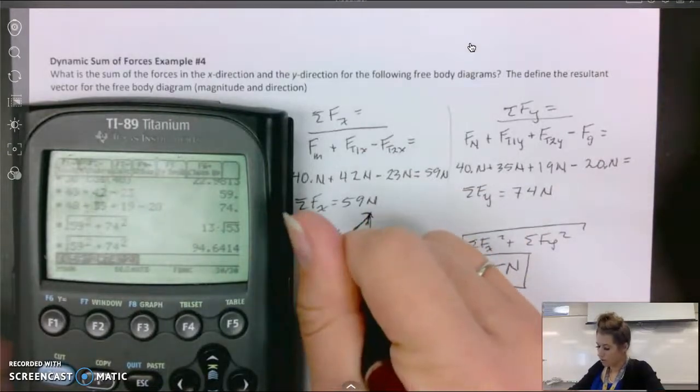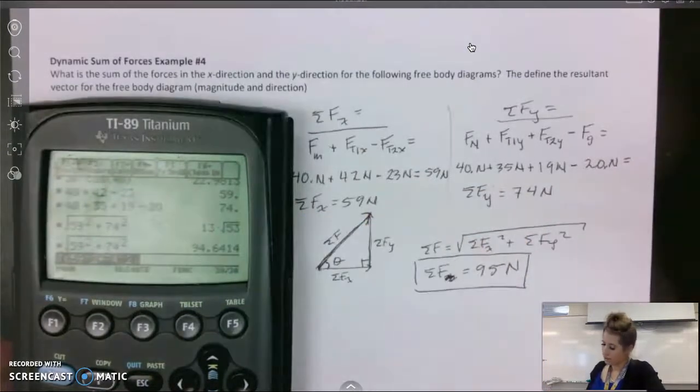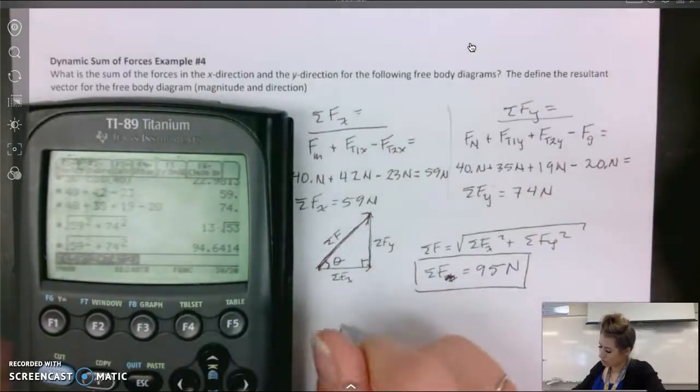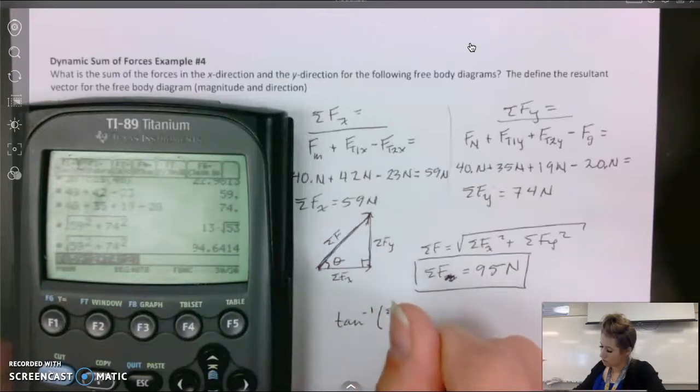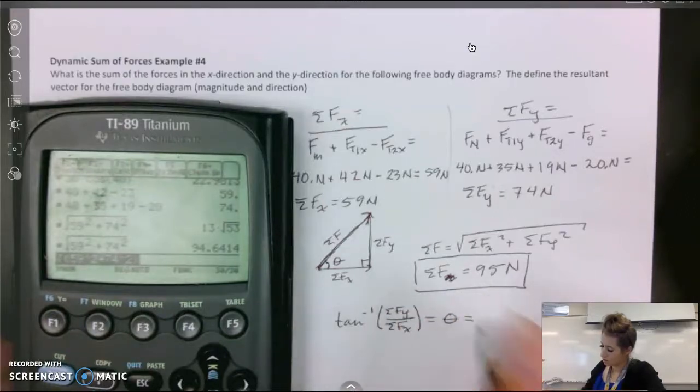Now let's figure out what that angle is. So we're going to do tan inverse. Okay, so tangent inverse of opposite, which would be the sum of the forces in the Y, divided by the sum of the forces adjacent in the X. That'll tell us the theta.